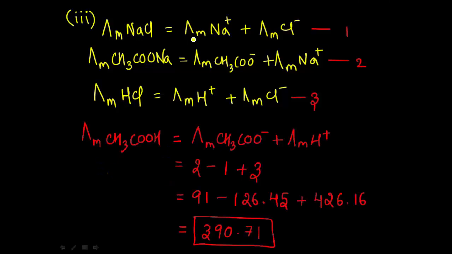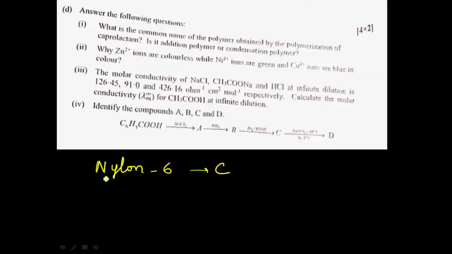This is the solution. The molar conductivity of NaCl is equal to the summation of molar conductivity of Na+ ion and Cl- ion, and this value is given to be 126.45.